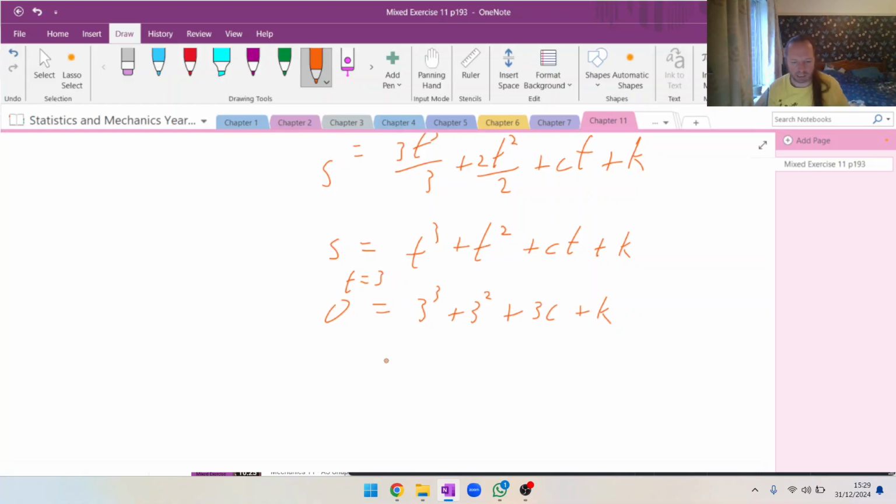With a calculator, 3 cubed is 27, 27 plus 9 plus 3c plus k, so that's 36. So minus 36 is equal to 3c plus k.